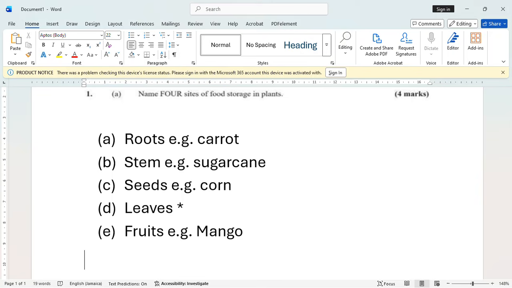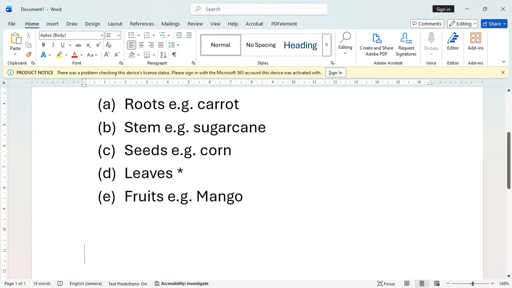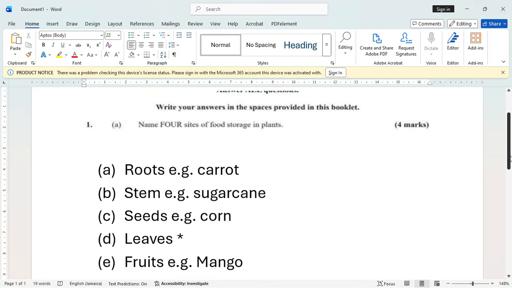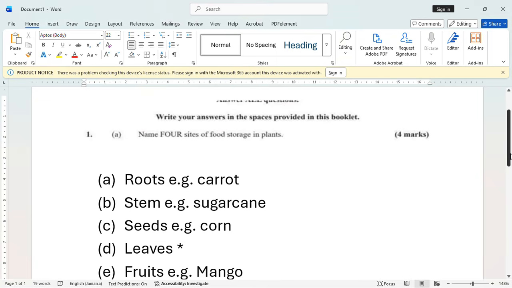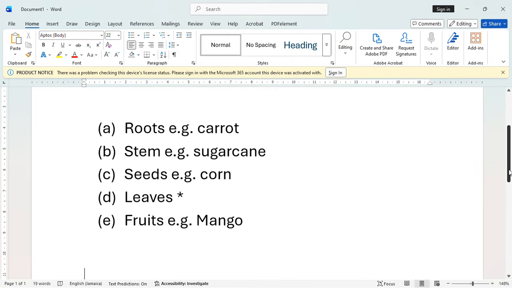The plant stores the food in those areas, and it is done in such a way that once there is a need for it, it can access it later. Cool. So any one of those four, and in terms of the leaves, as I said, rarely, and it's normally temporary as well.